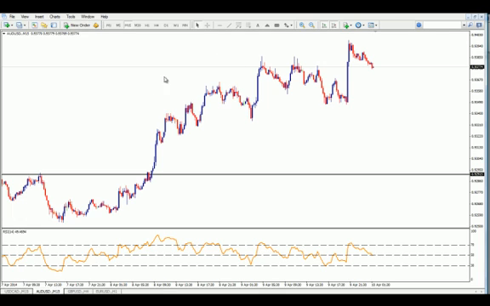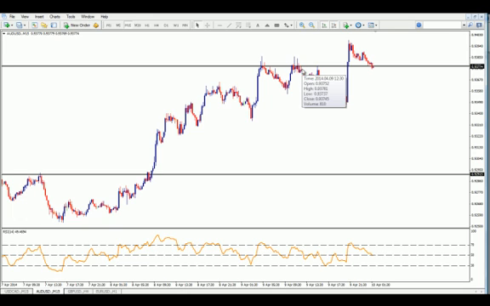So this is actually what today looked like on the Aussie US dollar. We have another level of resistance here that we didn't have on the 4-hour chart, so we might as well draw it.